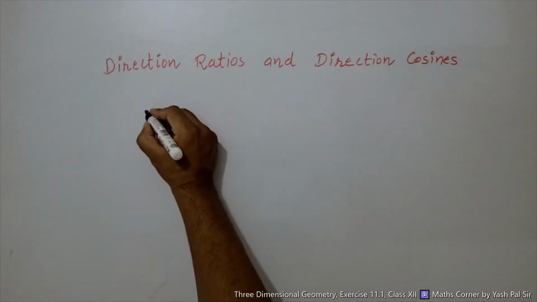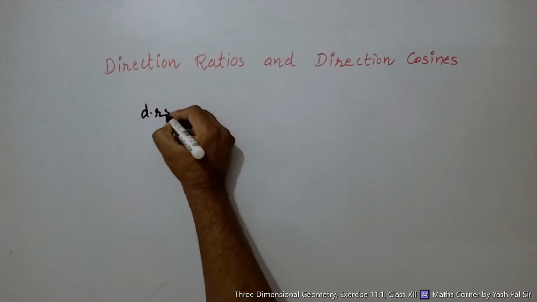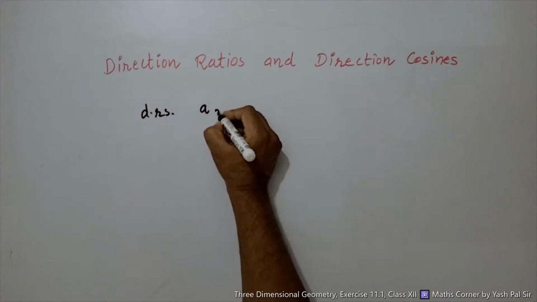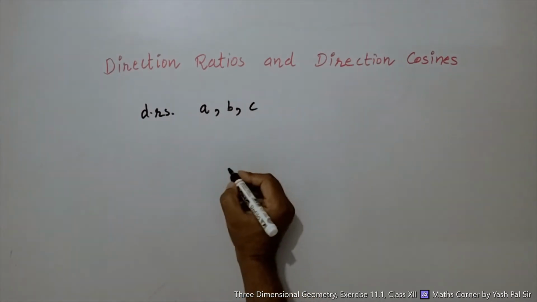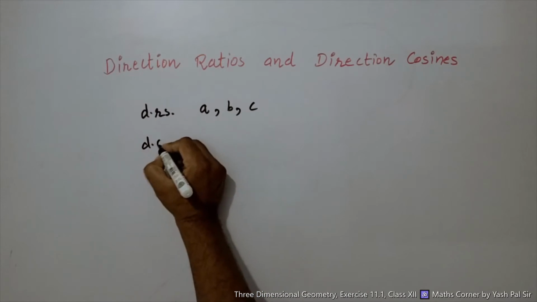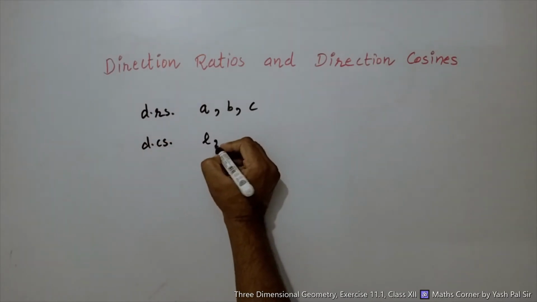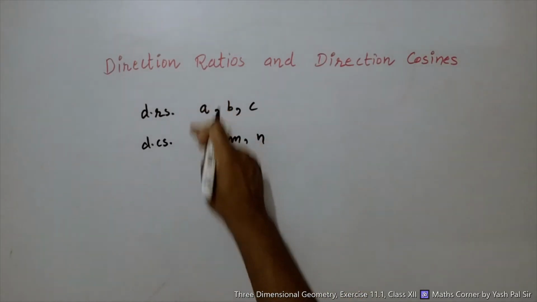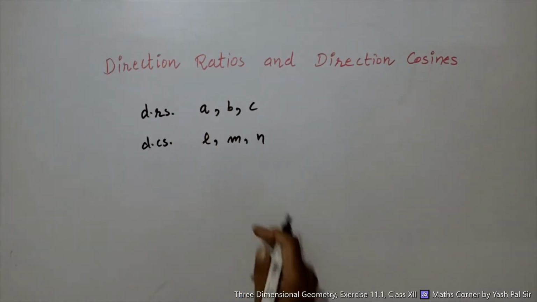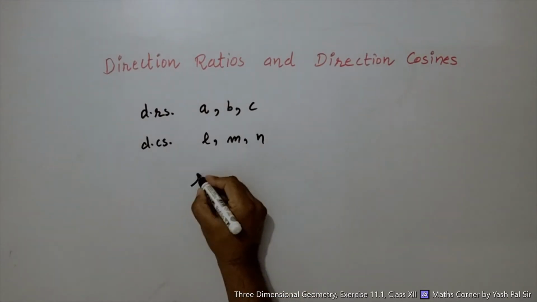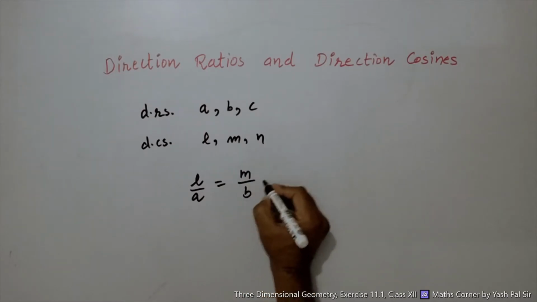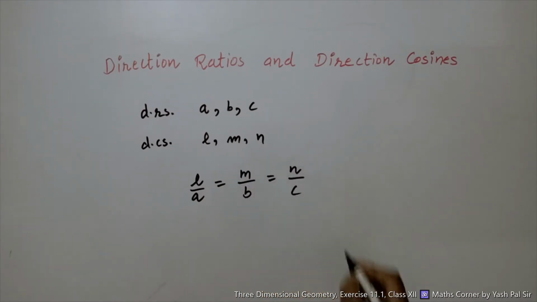Now, if we say that direction ratios, in short, we write this way: direction ratios of a line are a, b, c, and direction cosines of the line are l, m, n. Now, these direction ratios and direction cosines are proportional, so we can say l upon a is equal to m upon b is equal to n upon c.